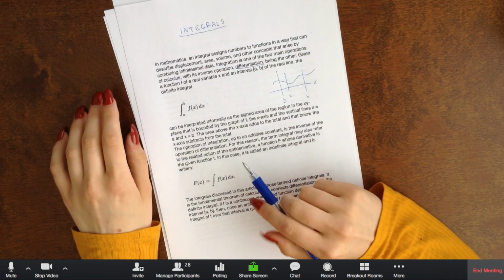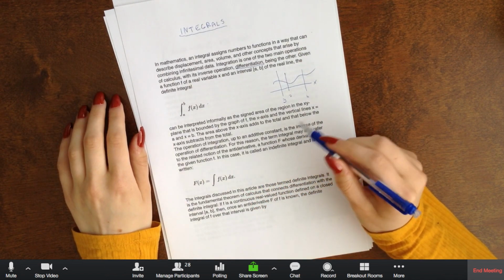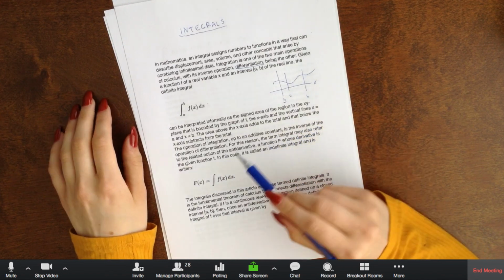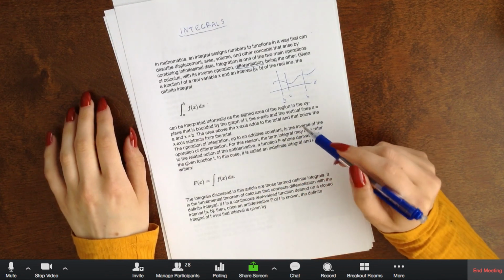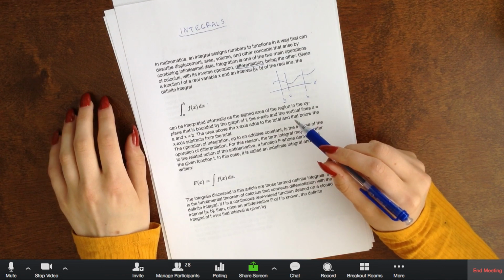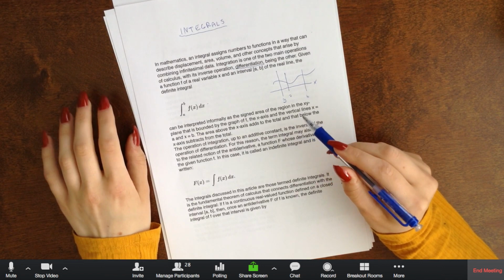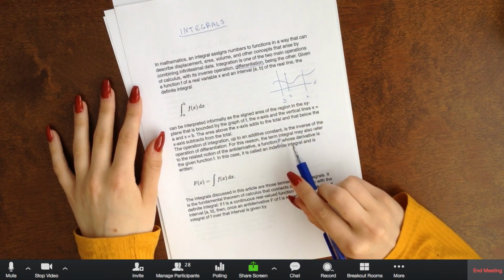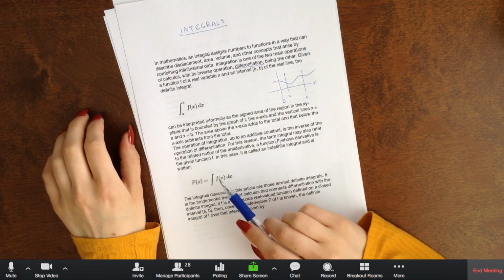The operation of integration, up to an additive constant, is the inverse of the operation of differentiation. For this reason, the term integral may also refer to the related notion of the antiderivative, a function F whose derivative is the given function f.